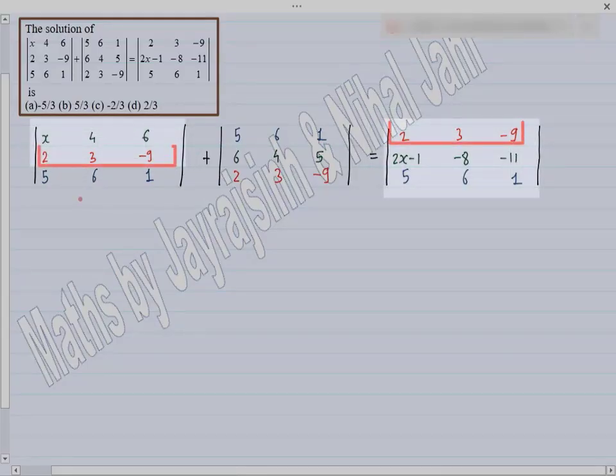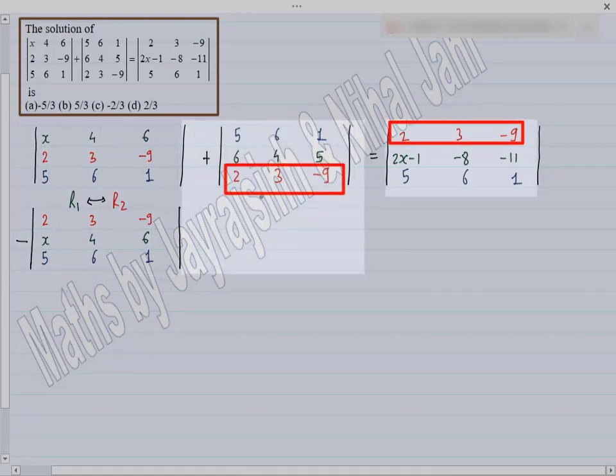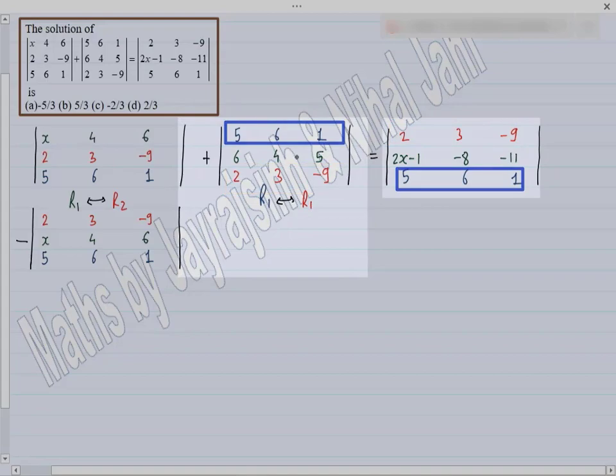In the first determinant, let's interchange the first and second row. So your first row now becomes the second row, and your second row will become the first row. The third row will be as it is. Due to this operation, we have to change the sign of the determinant. Plus becomes minus. Similarly, let's try to change the first and third row in the second determinant.